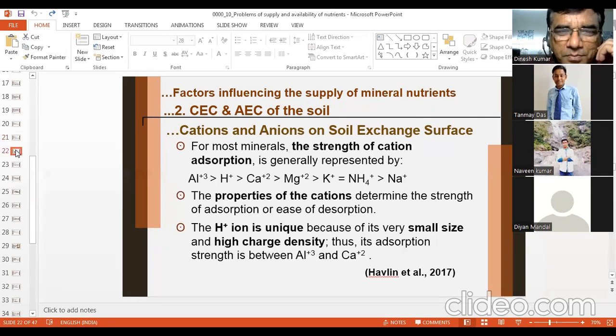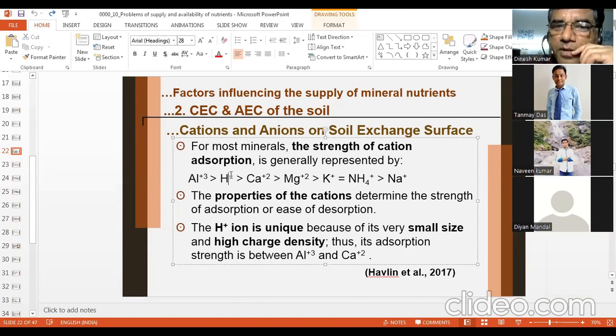So now you see, for most minerals, the strength of cation adsorption is generally represented by aluminum being the strongest, strongly attached, followed by hydrogen. Although it has 1 charge, it is ahead of calcium, magnesium, potassium. So you can see calcium, then magnesium. This is the strength of their attachment to the exchangeable sites.